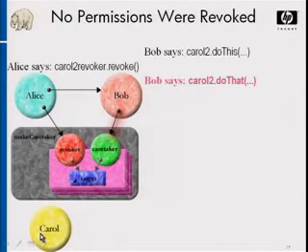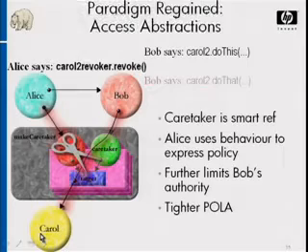However, after Alice does the revoke, the caretaker's behavior changes such that it no longer forwards messages. So when Bob says, Carol2 do that, those messages no longer get forwarded. So the result is that no permissions were revoked here. Everybody who said capabilities cannot revoke, their statement is correct on permissions. Bob still has access to the caretaker.